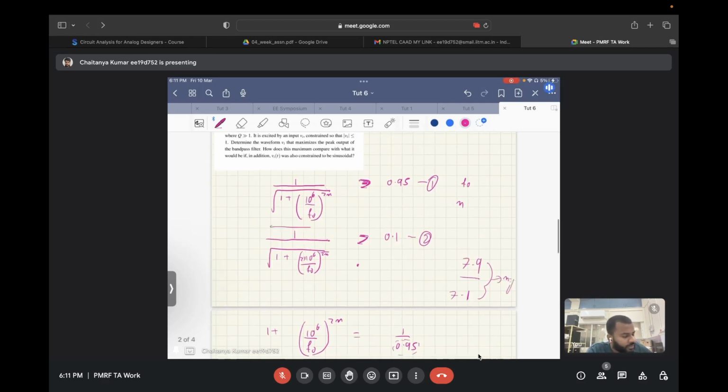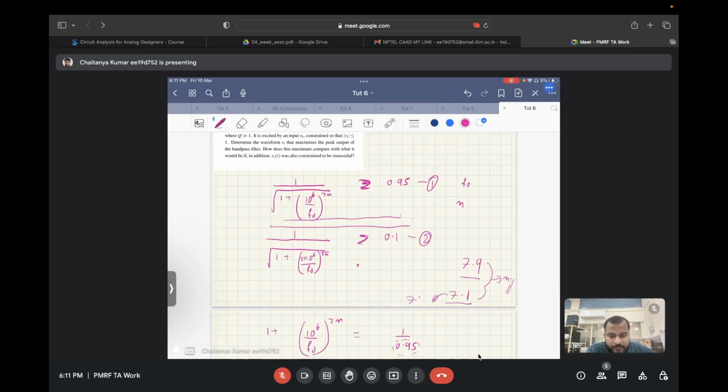Because you need to satisfy this inequality. Let's say in this case you choose to take 7. Then this inequality won't be satisfied, so you won't be able to meet the design spec. So whatever value you get of n, you should always take a number higher than that. The greatest integer function, basically, you have to apply on that.